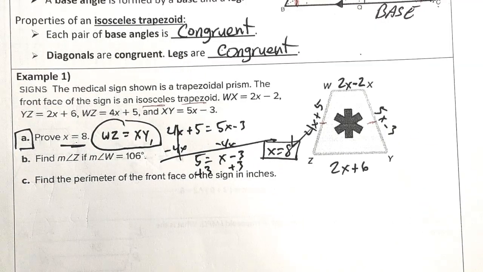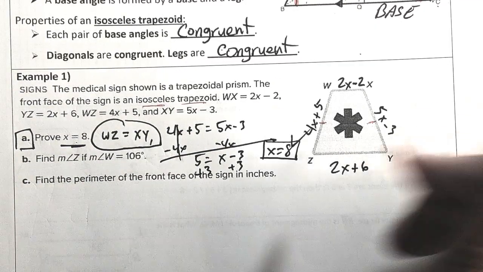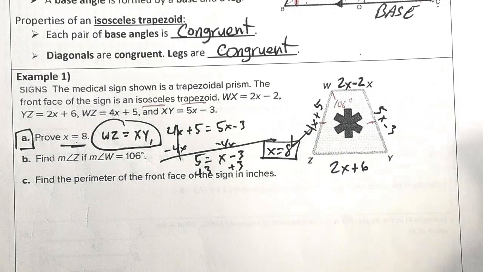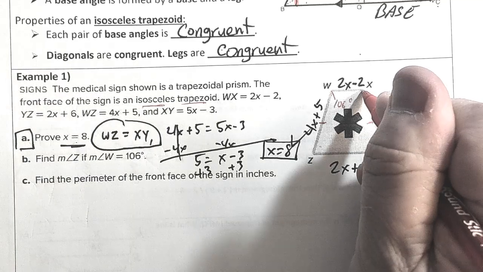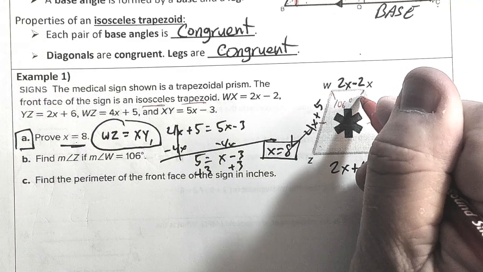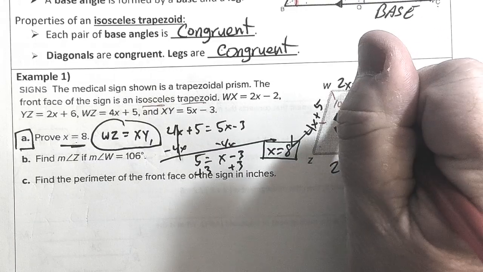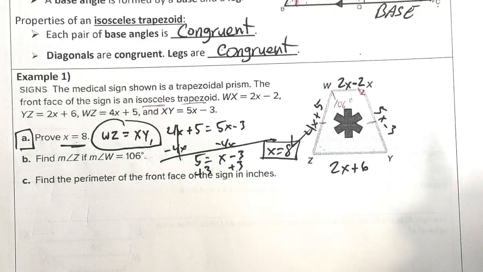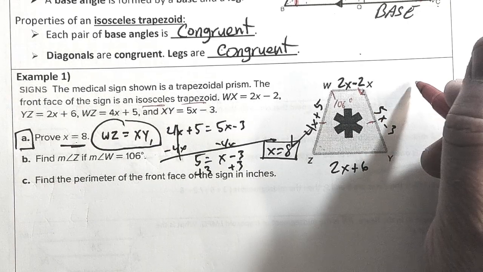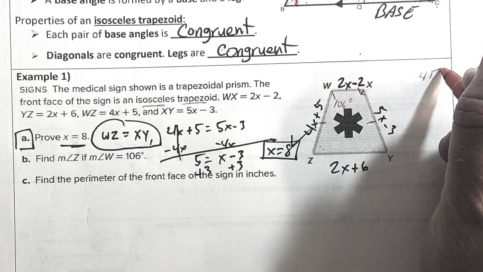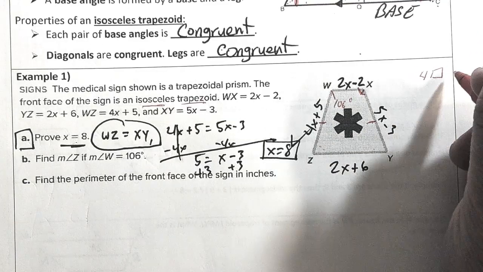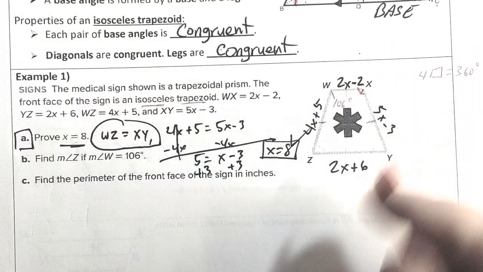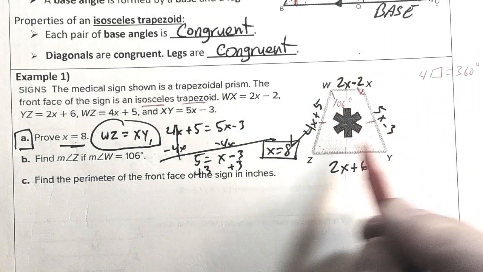All right, part B. Find the measure of angle Z if the measure of angle X is 106. This is 106 degrees here. Now, remember, because this is an isosceles trapezoid, these angles are 106, and then these angles are congruent to one another. If we have four sides, a quadrilateral, the total for the interior angles is 360. So we split this down the middle because these two are congruent and these two are congruent.